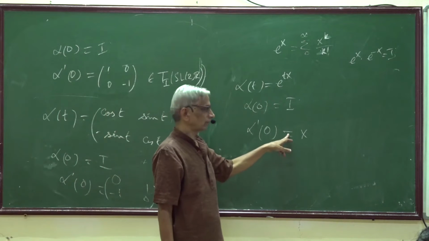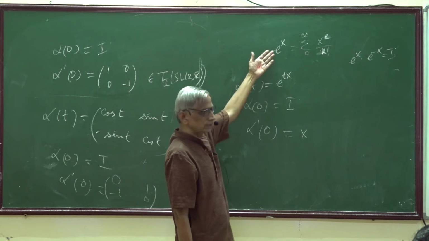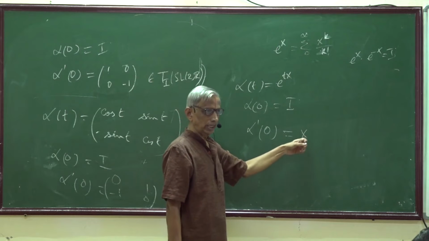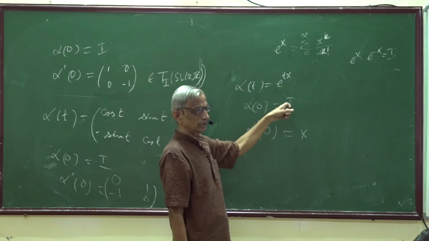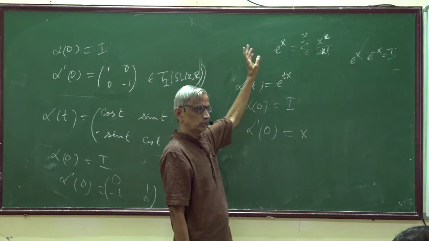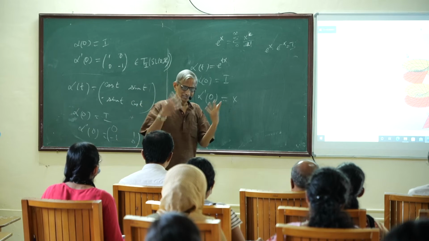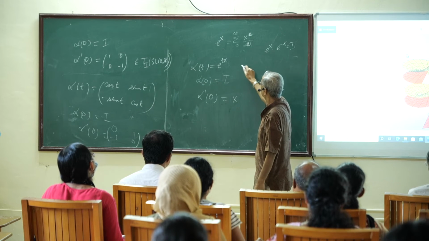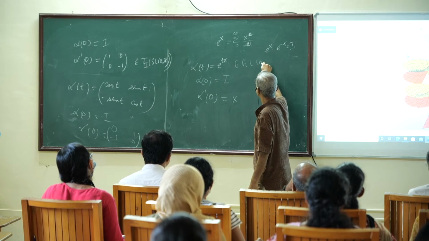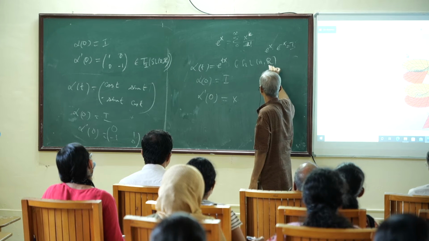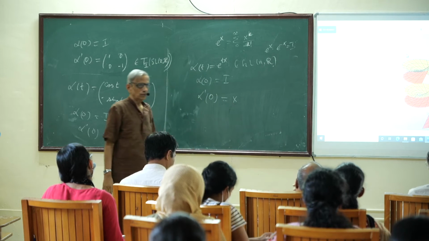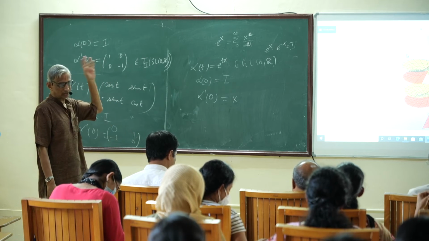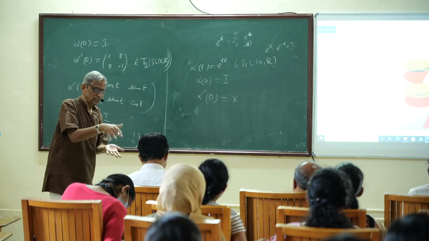So this shows, for example, that x is an arbitrary matrix, so every n by n matrix is a tangent vector at the identity to, for example, all non-singular matrices. This is always non-singular, so this is a curve in GLnR. But now we are not interested in GLnR as it is, because GLnR is not a surface in our sense, right?